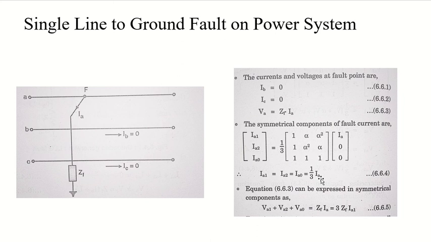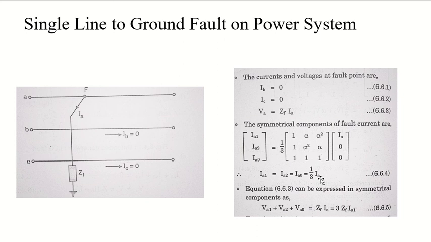So these two equations indicate that all the sequence currents are equal, and the sum of the sequence voltages is equal to 3 ZF into IA1. And what do these equations suggest to us? That all the sequence networks should be connected in series through the impedance 3 into ZF.